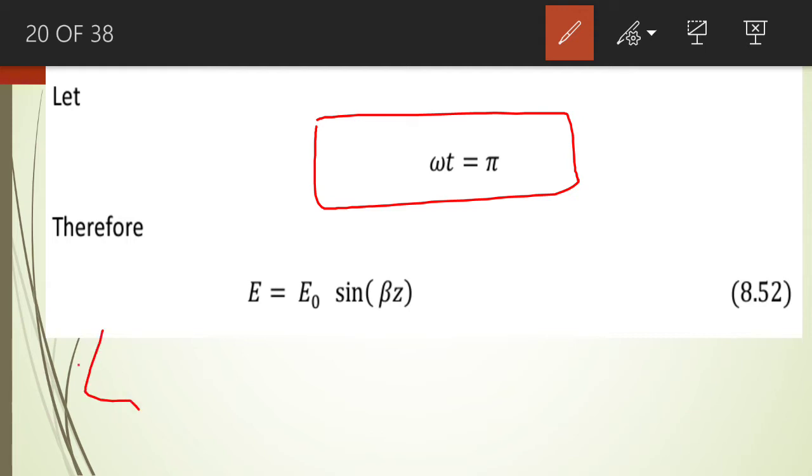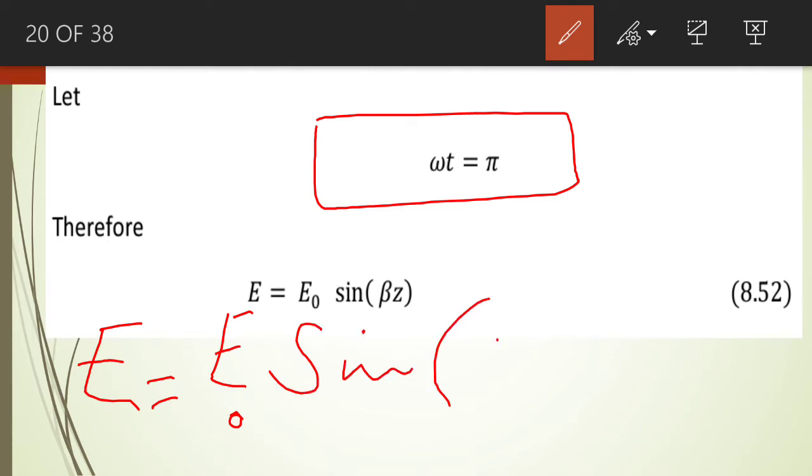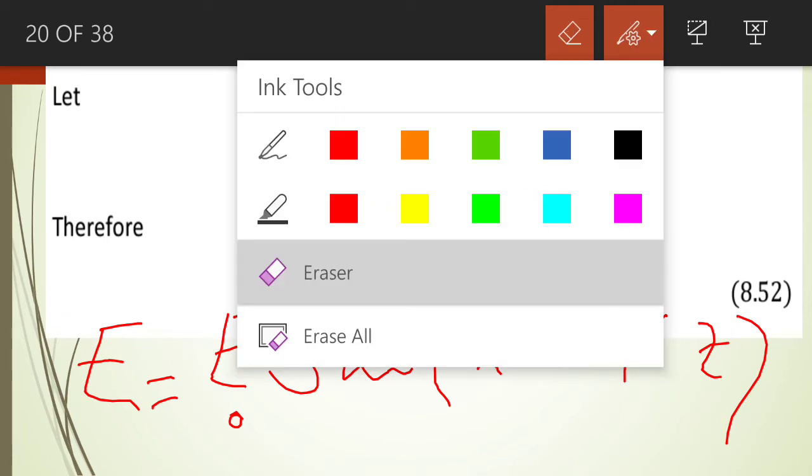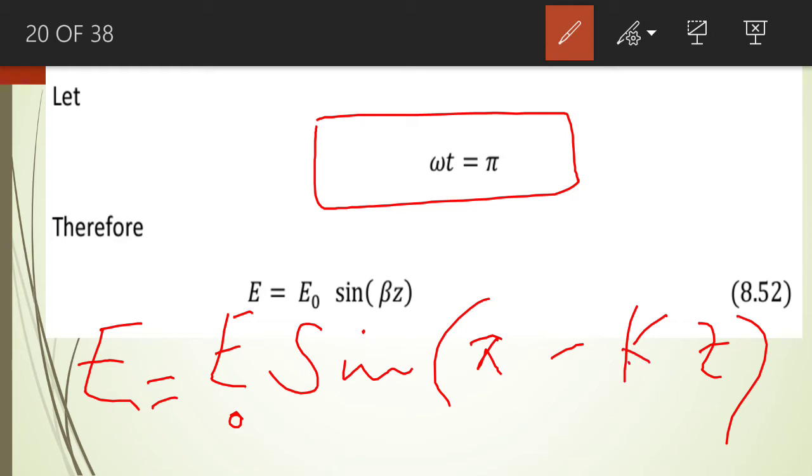Then the electric field intensity will be equal to E naught into sine of (pi minus k z). This will be the equation for the electric field intensity of the electromagnetic wave with respect to distance.